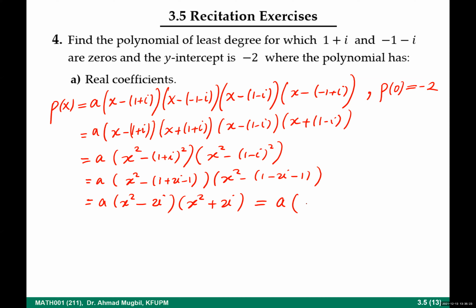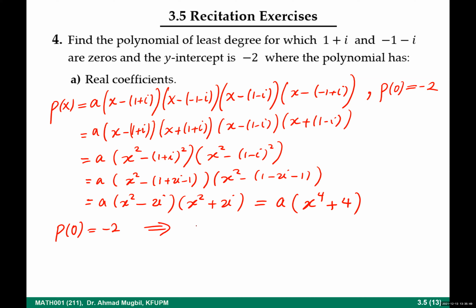A times x to the power 4 minus 4i squared, because it is also a difference of two squares. What is i squared? Negative 1. So this will be plus 4. Okay, so here we are done. We just need to find what a is. P at 0 is negative 2.